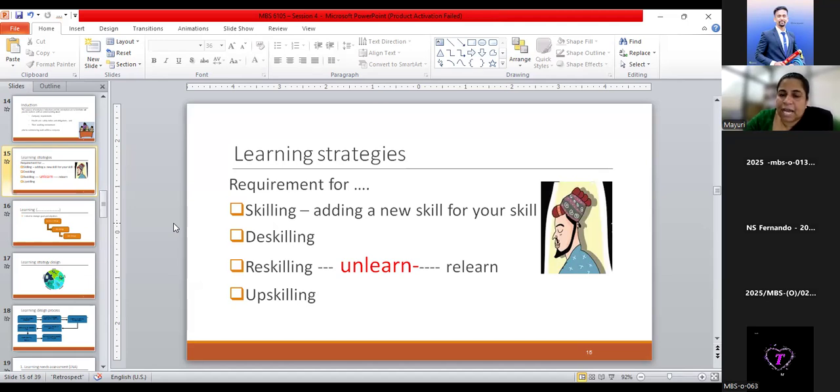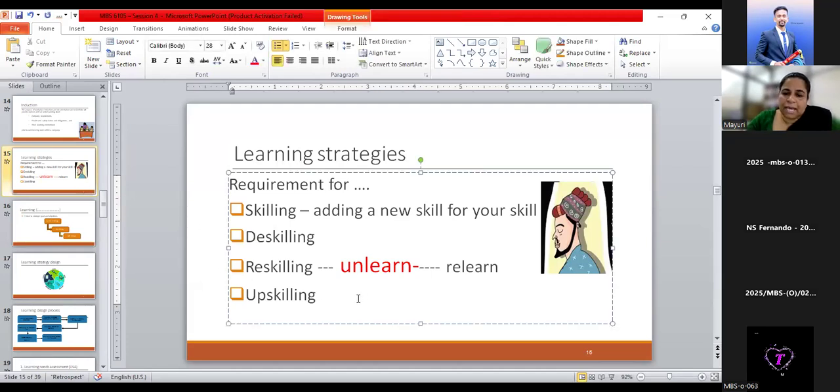The unlearning process is difficult. And then upskilling is improving a current skill. I know something to a certain level, but I am improving my skill level. I am upskilling, improving a current skill in my skill bundle.